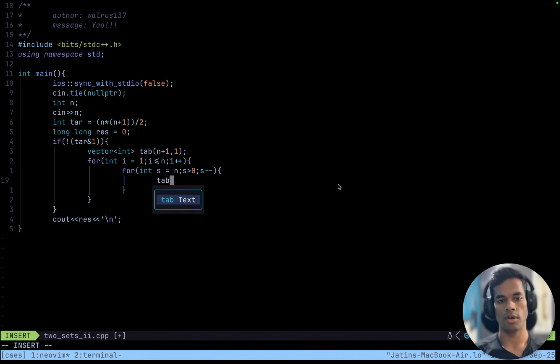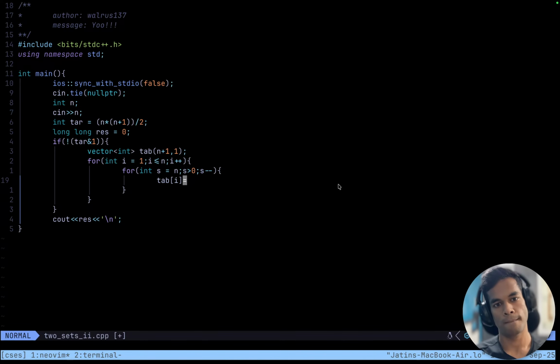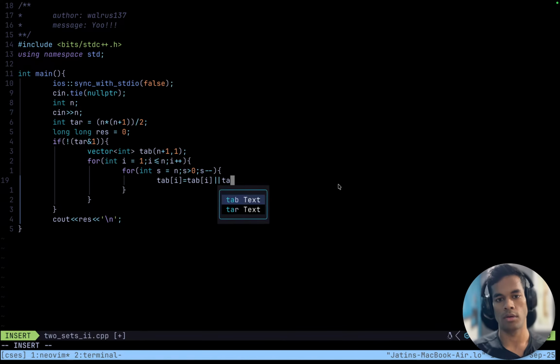So here we will have tab in our table using the ith coin. It would be possible either we do use this ith coin or we don't, and this thing, or tab.